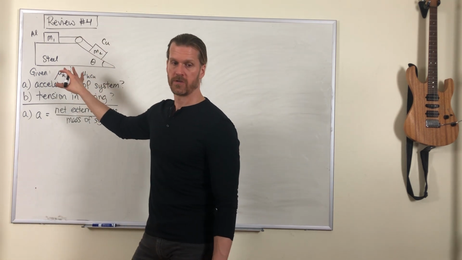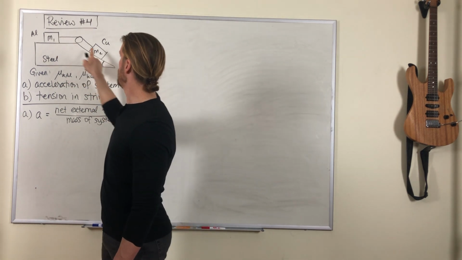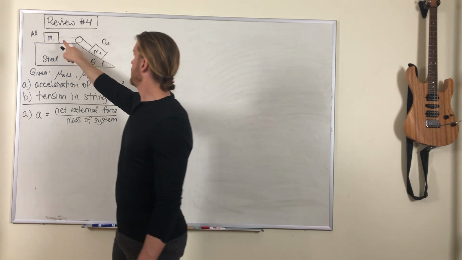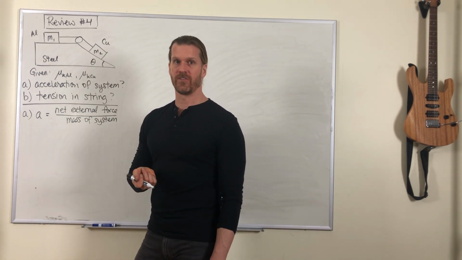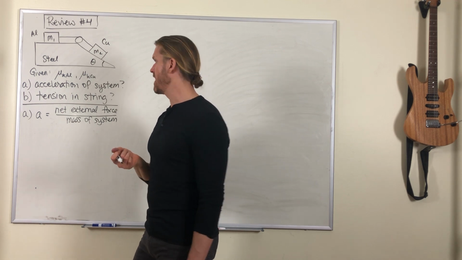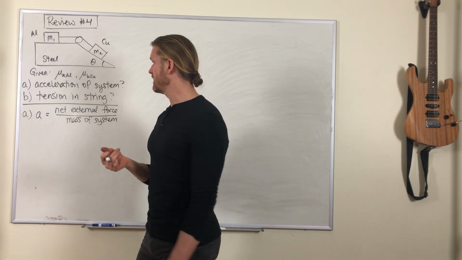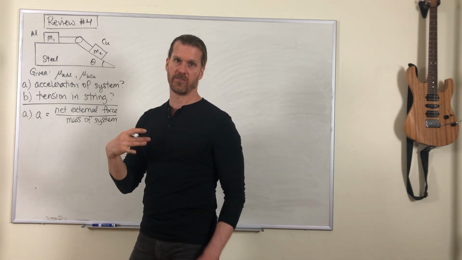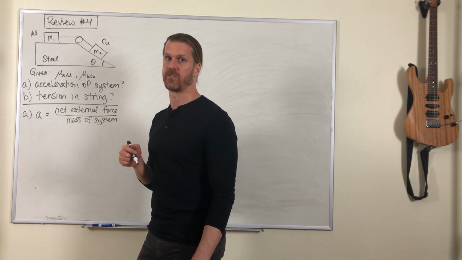So our system consists of these two masses, M1 and M2, and the string connecting them. The string is massless, so we don't need to include its mass. The string has a tension force in it, but that tension force is an internal force in the system. It's not an external force to the system.